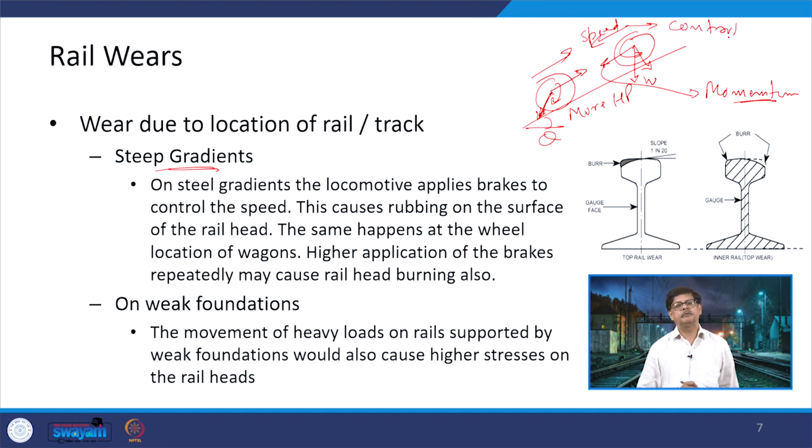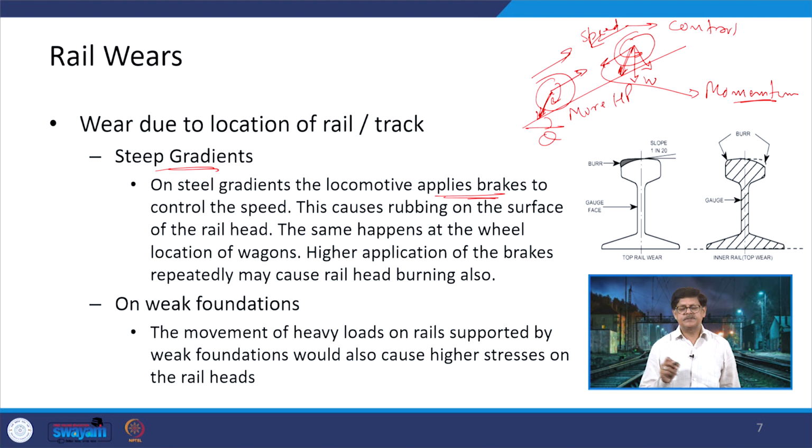That means again there will be application of brakes, so that the train reduces its speed while coming down this steep gradient. So, there is a problem of the application of brakes so as to control the speed.